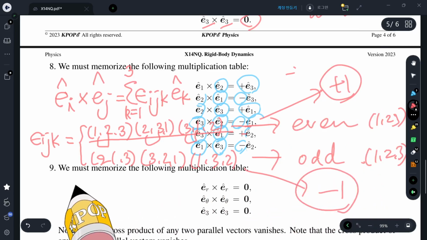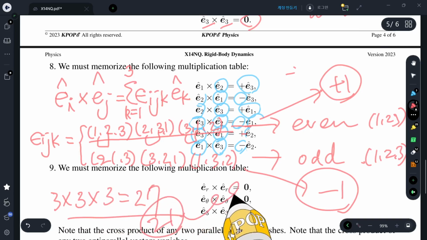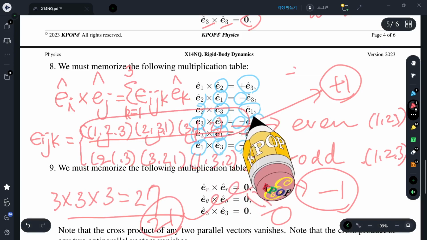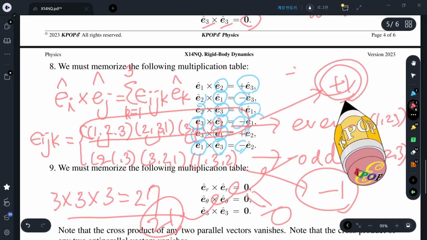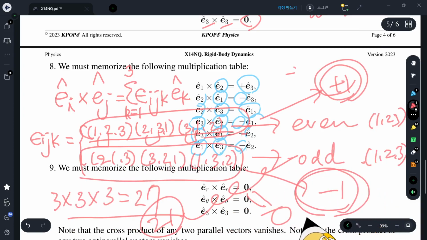Except that among the 3 times 3 times 3, 27 cases, 21 cases disappear; everything is 0. These 3 even permutations will give plus 1, and these 3 odd permutations will give minus 1.